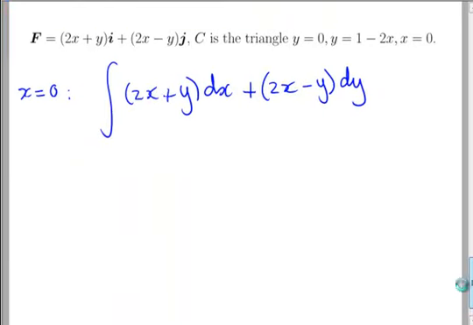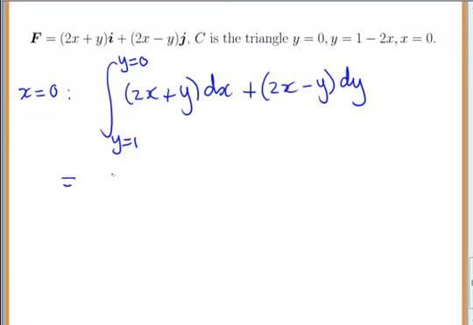So for this part of the integration, our limits are y equals 1 to y equals 0. So we want to integrate with respect to y rather than with respect to x. That's alright, because our equation that we've got is x equals 0. We can think of that as x being a function of y.